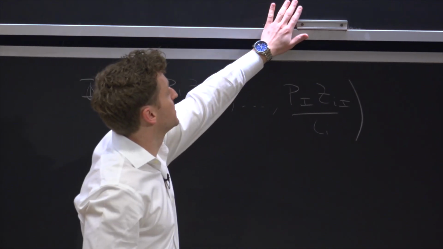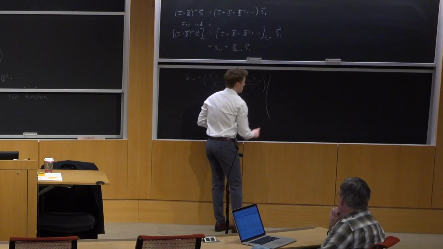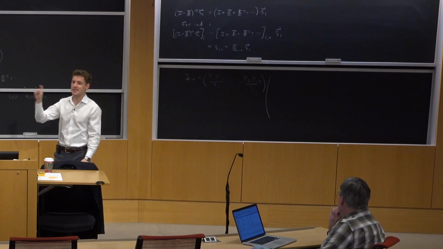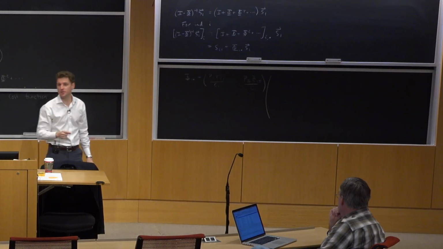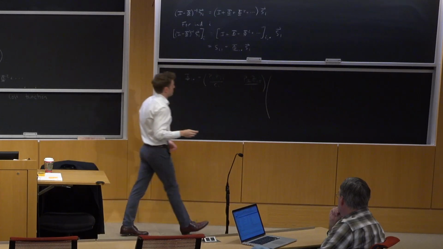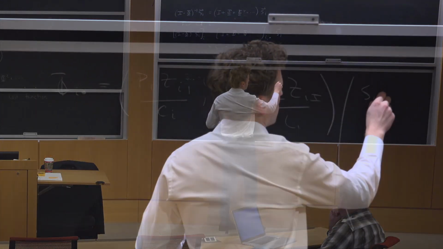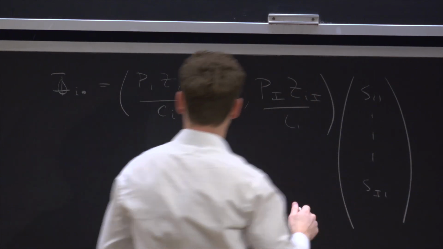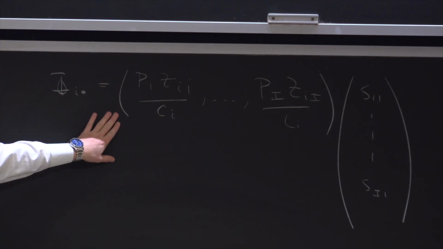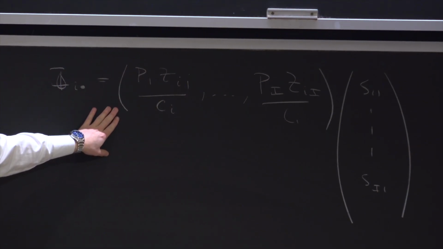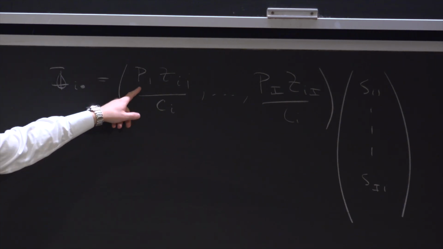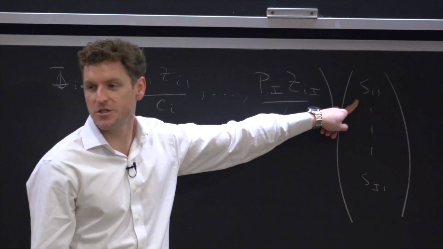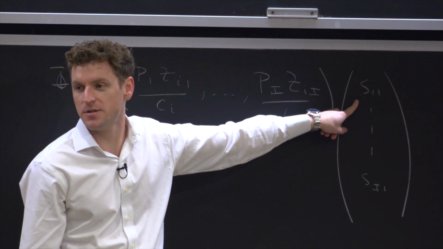And now we have this S1 vector, which is, now looking across industries, how much does each industry directly use oil? That's going to be S_11 all the way up to S_I1. And so what does this multiply out to? Well, you can see it's what share of my cost is in sector 1, and how much does sector 1 use oil?